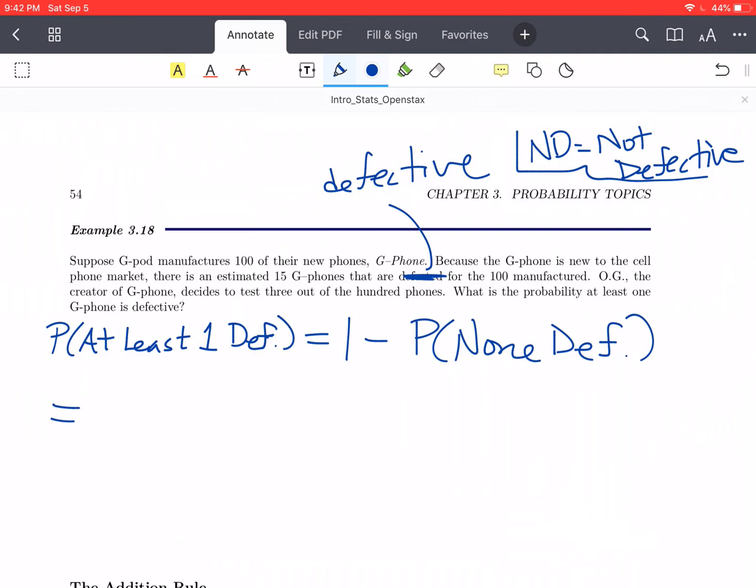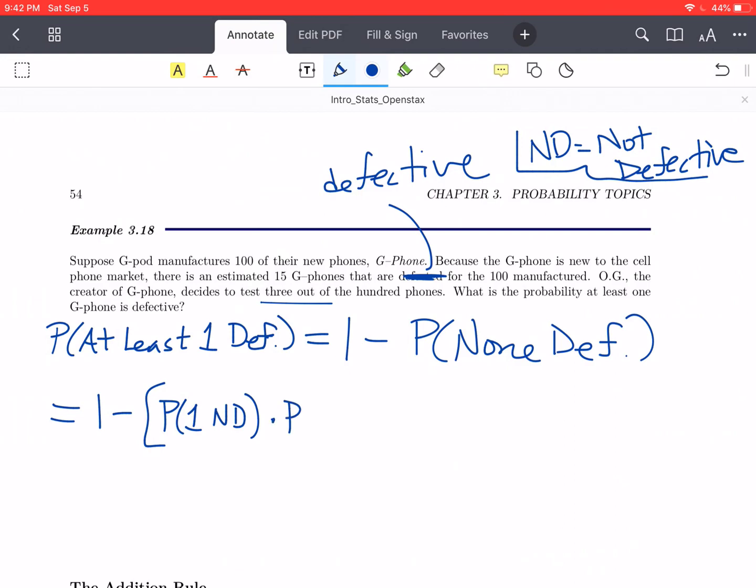Okay, so in order for none of them to be defective, we need the first phone that they check, because they're checking 3 out of the 100 phones, to be not defective.